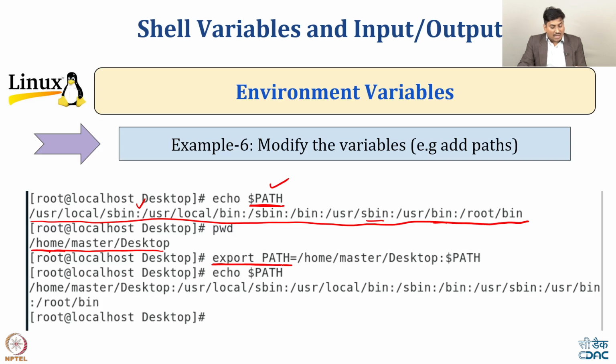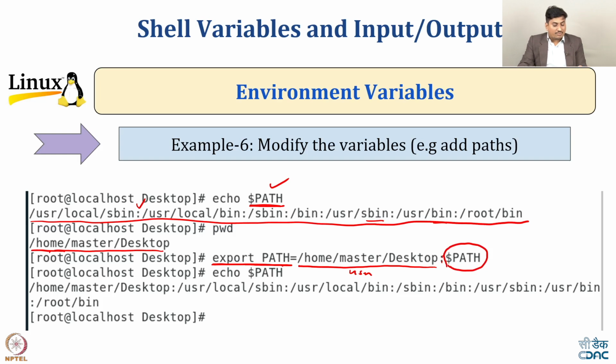So export path and provide the path from the user perspective, whatever you want, followed by a dollar sign, like a signature, this symbol. Then whatever the earlier paths were, you just add after this particular path.